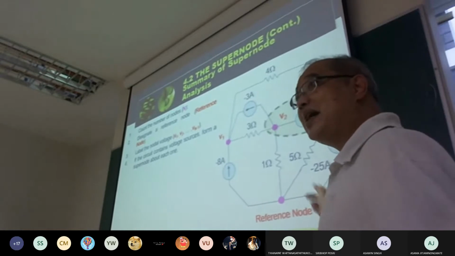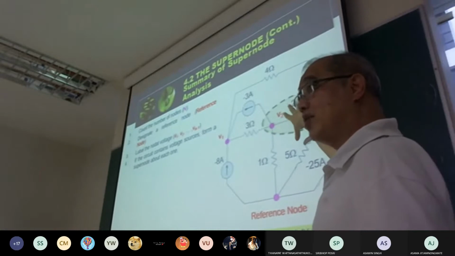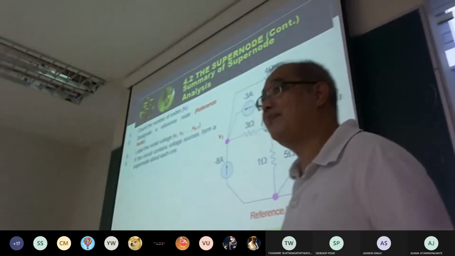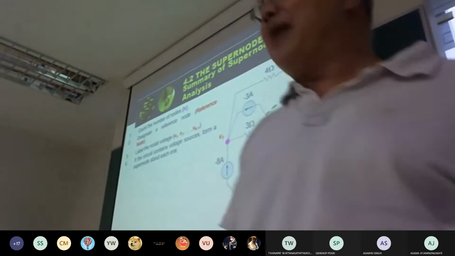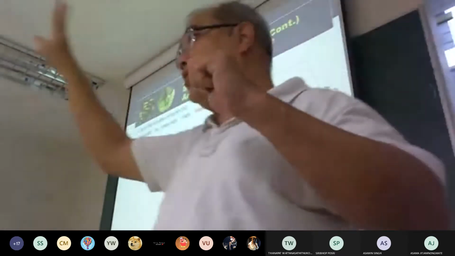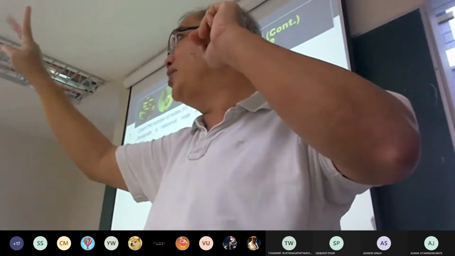Clear? Instead of applying to each node, we apply to all. It's still okay, but we have some problem. In this case, you have 3 nodes, not counting the reference: V1, V2, V3.